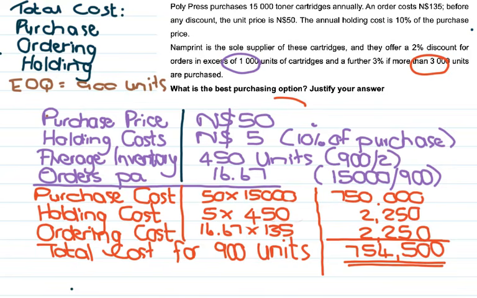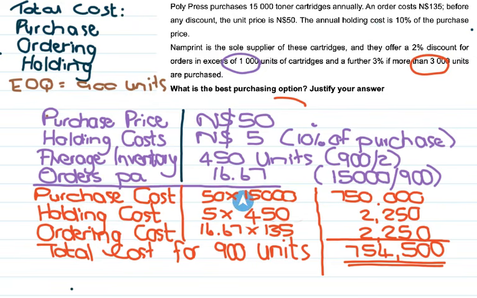If you do this calculation, then you will see that you need to place 16.67 orders just to get 15,000 units in stock for the year. So now I can use this information to calculate my total cost. Now my purchase cost was given to me as $50.